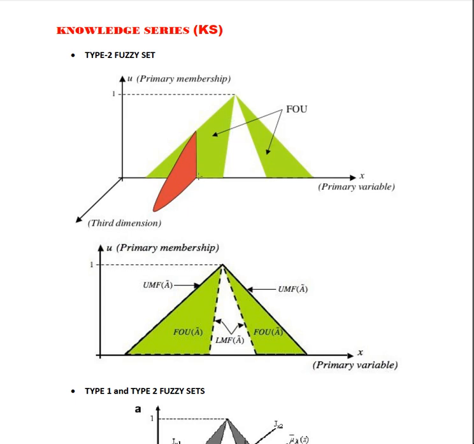So under the type 2 fuzzy set, if we take a fuzzy set F to represent this, and then take a vertical line, you can find that there is a third dimension also existing from here.